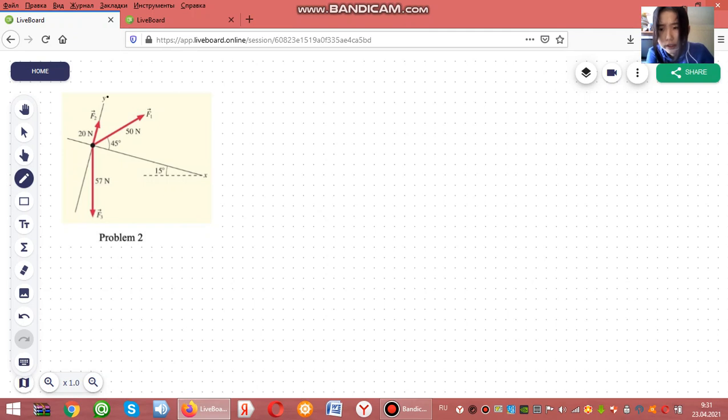As you can see, we have axes y and x. They will help us to write some equations. Okay, let's start then. First of all, I want to write the net force for x axis and net force for y axis.